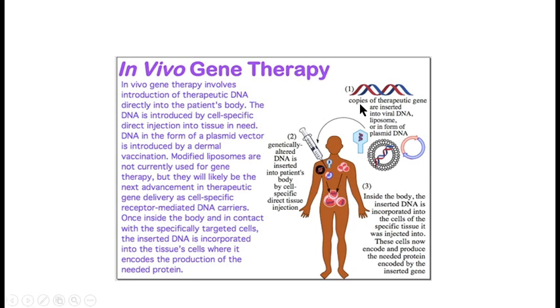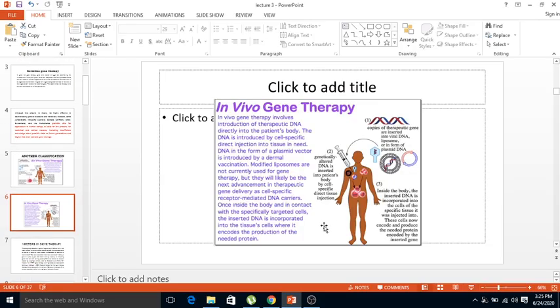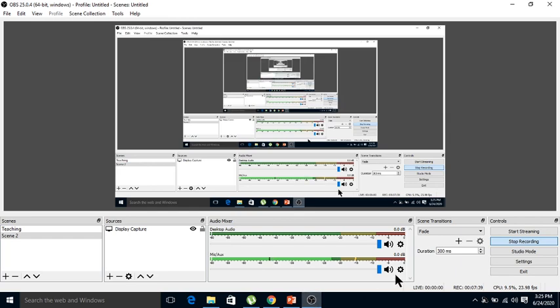So you take your therapeutic gene, you insert that into the vector, and you directly insert the vector into the human body without removing the cells from the patient's body. So this is known as in vivo gene therapy. We will continue this discussion in the next video.